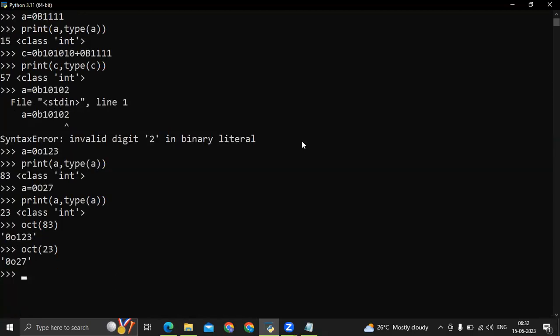I can write like this also. I'll show you one more example. If I write oct of, let's take the binary digits 0b.